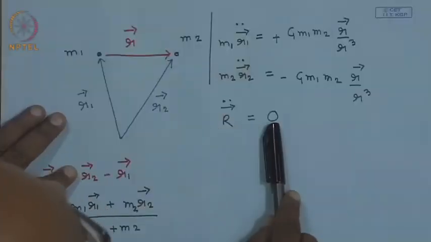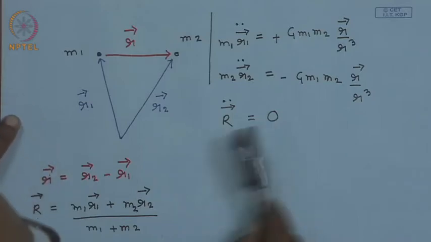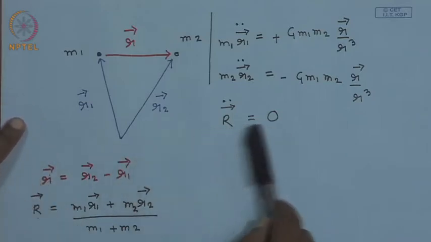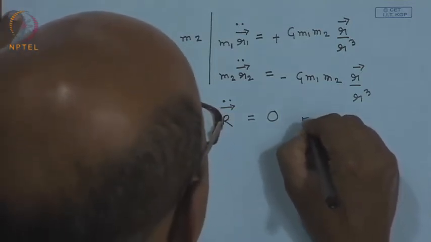There is no external force acting on the center of mass. So, the combined system made of these two particles can be thought of as the motion of the center of mass, and that moves like a free particle. So, if it is at rest to start with, it will remain at rest, and if it is in uniform motion, it will continue to move with whatever velocity it has. So, this is like a free particle.